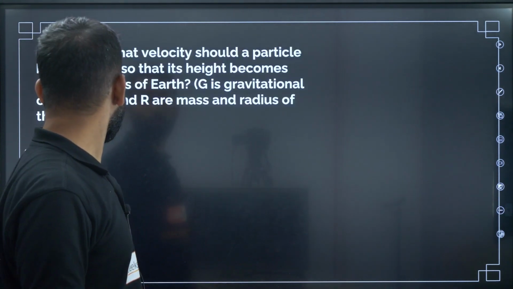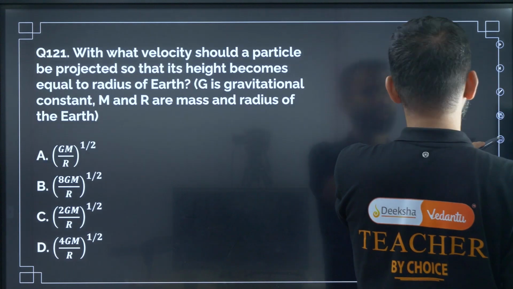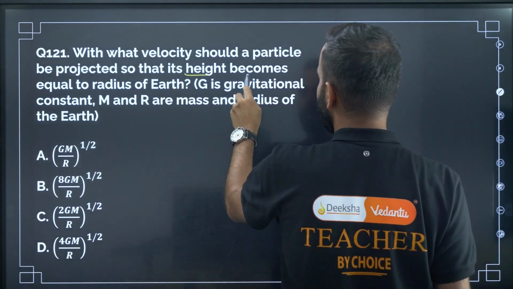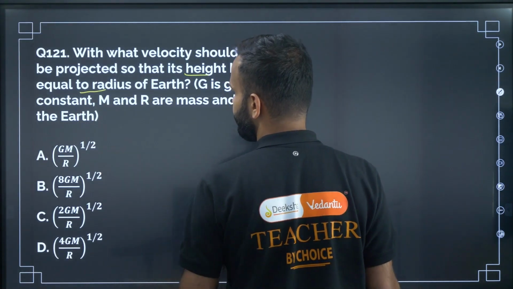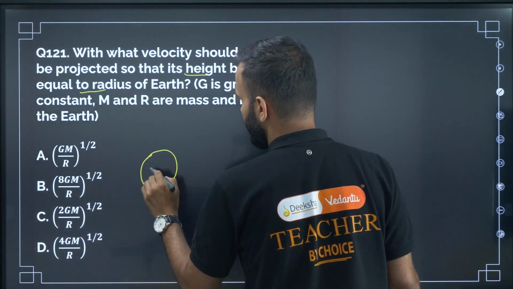So question number 121. With what velocity should a particle be projected so that its height becomes equal to the radius of the earth? Okay, so this is the earth, right?